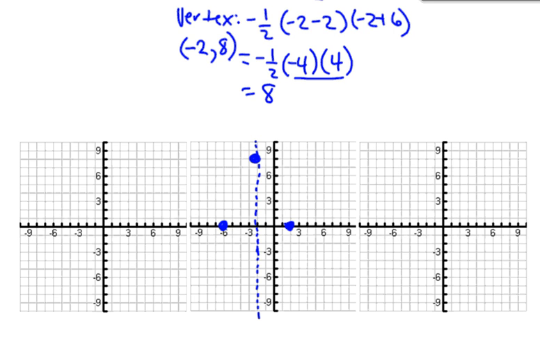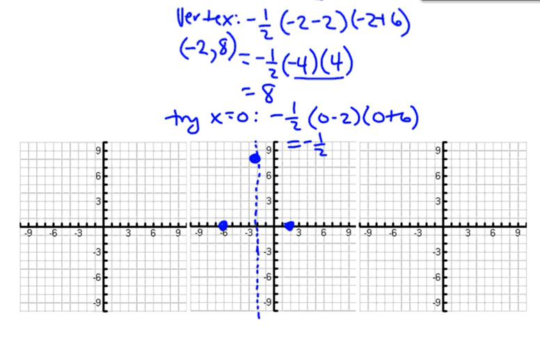If you plug in 0, then you would get negative 1/2 times 0 minus 2 times 0 plus 6. So that's going to be negative 1/2 times negative 2 times 6. Negative 1/2 and negative 2 are going to completely cancel and get positive 6. So that's the point 0, 6, which is right here. That's 2 points away from the axis of symmetry, 2 points in the other direction, and you have your parabola.